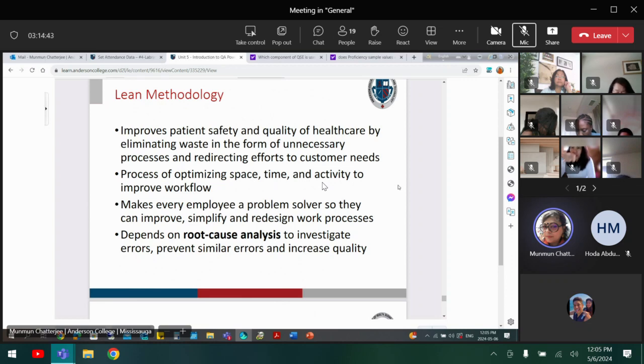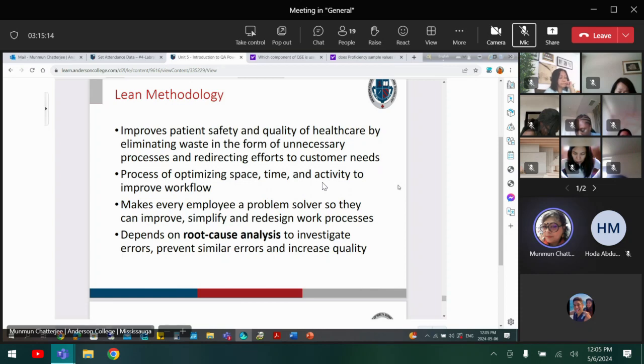It also optimizes space, time, and activity to improve workflow. It makes every employee a problem solver so that they can improve, simplify, and redesign work processes. So if I organize my workstation like this, I can work faster, and make less mess and less waste.